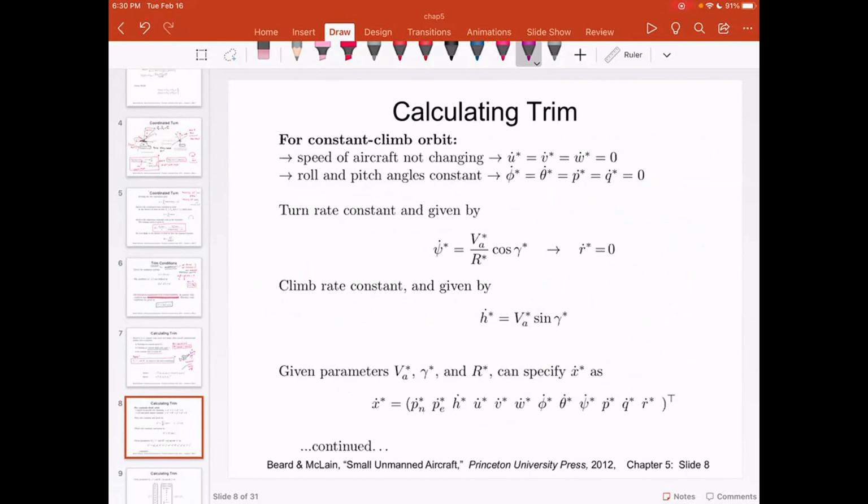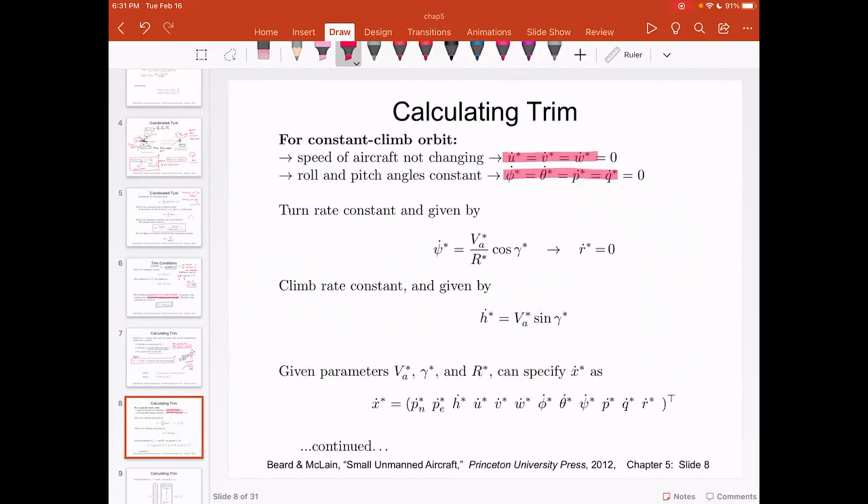So what are the inputs that we are going to supply? If it's a constant climb orbit, then the forward velocities in the body frame are equated to 0. The roll and pitch rates are equated to 0.